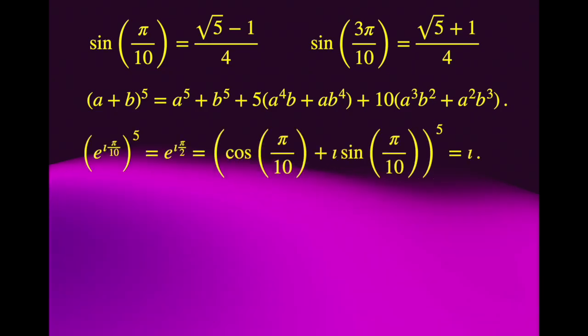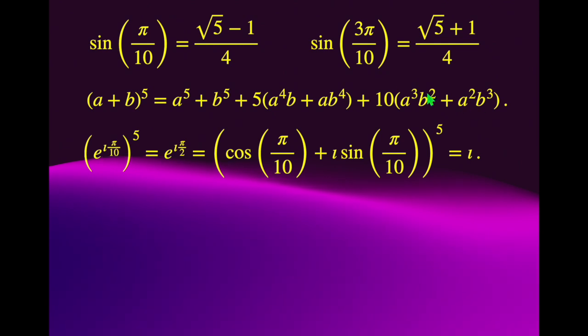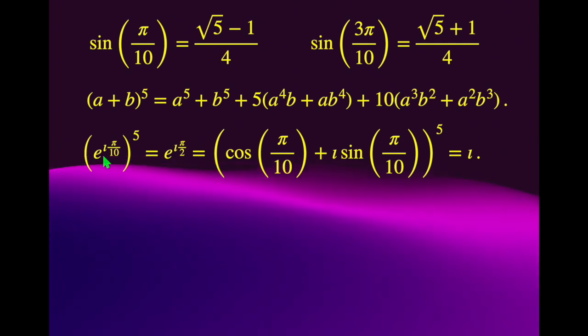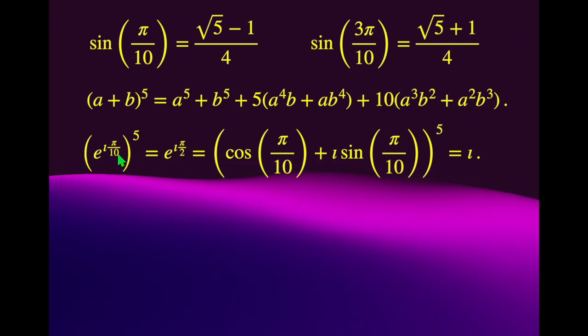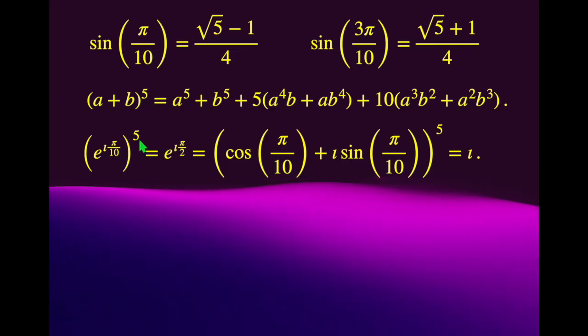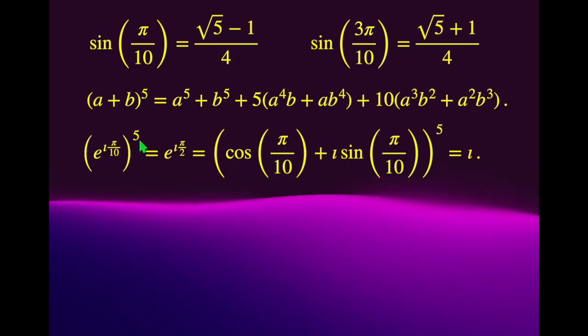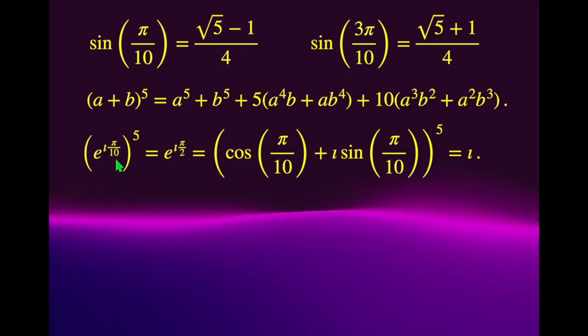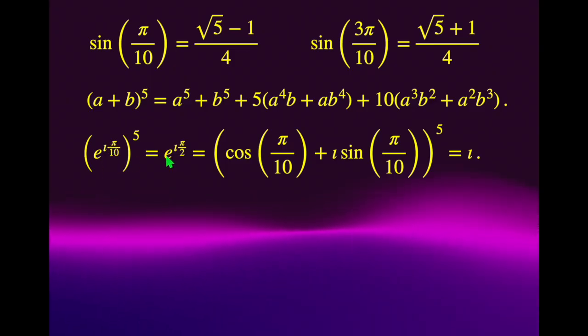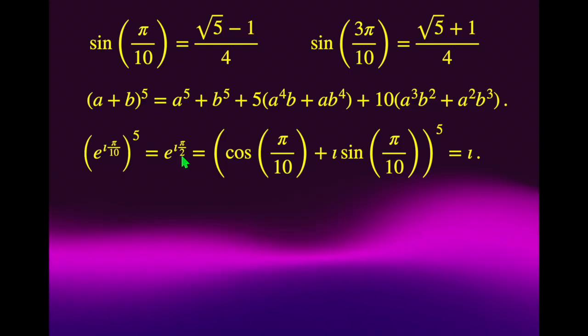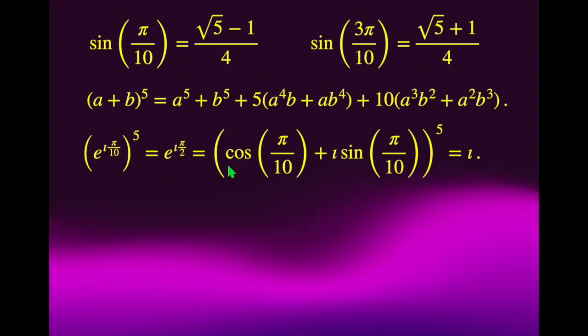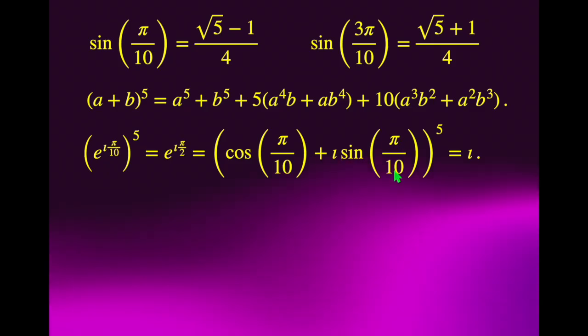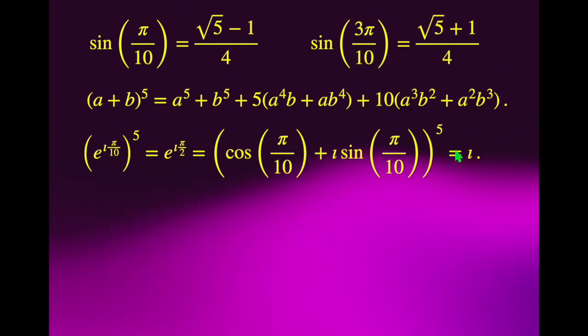And we will use the Euler formula. We have (e^{i pi/10}) to the power 5, and by the Euler formula e^{i pi/2} is equal to (cosine pi over 10 plus i sine pi over 10) to the power 5. So we have this relation.